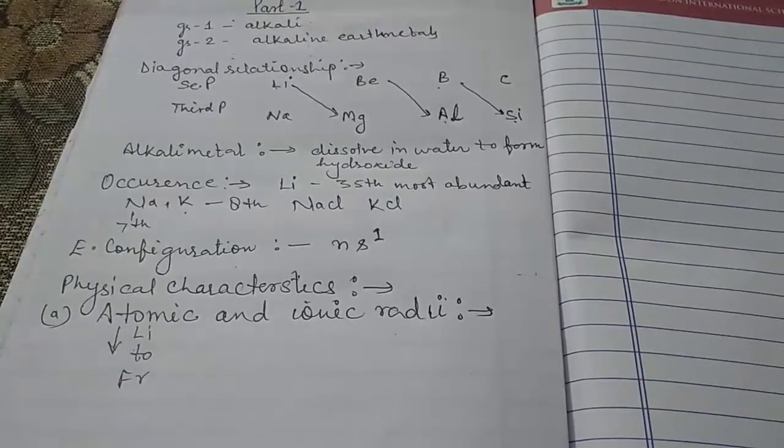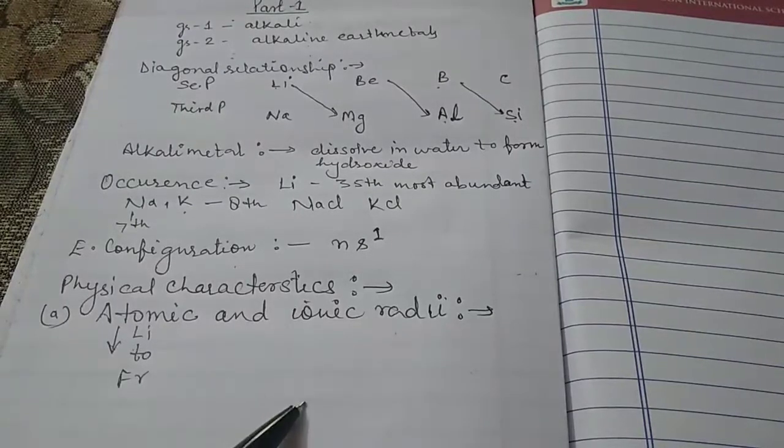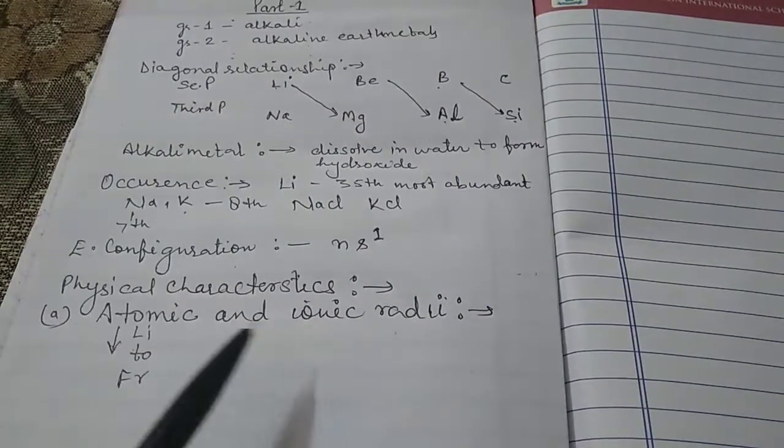And why do they increase? The reason is that as we move down the group, the atomic number increases, and as the atomic number increases, the number of electrons increases, and so the number of shells increases, and that is the reason why the atomic size increases.